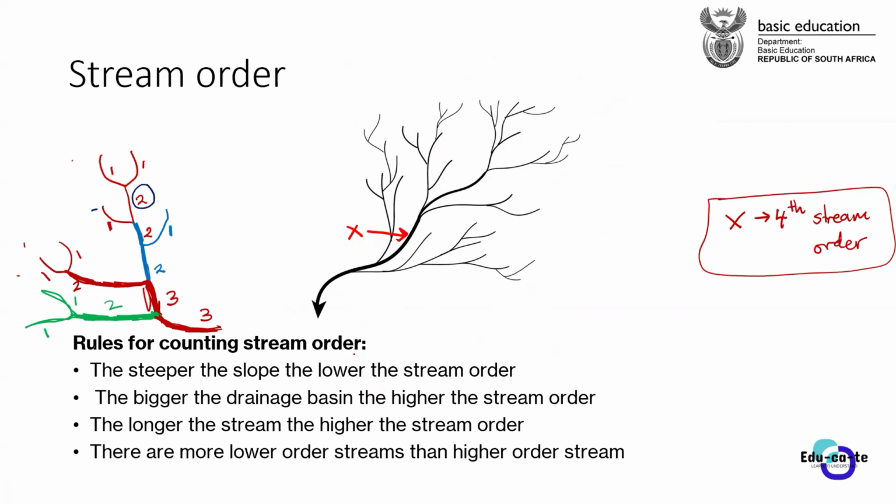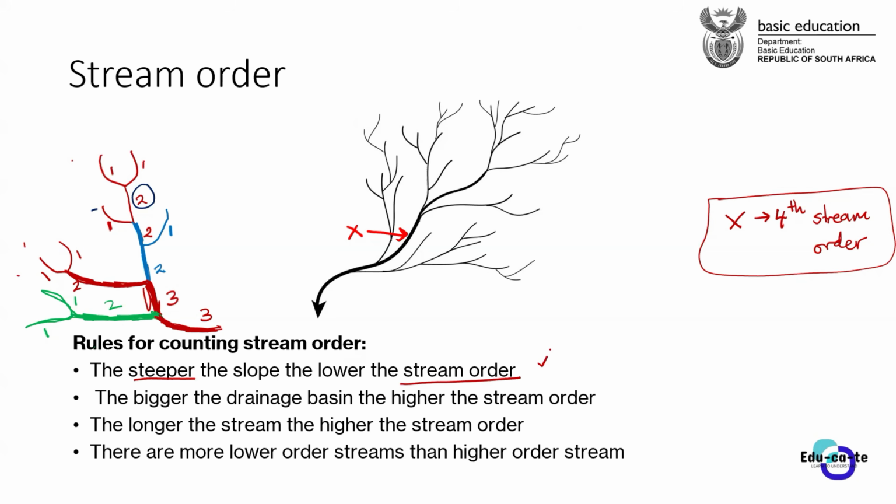Awesome. All right. So one of the rules for counting stream order does not really apply to how this is questioned, but you should know how stream order is related to these factors that I'm going to talk about right now. When we have a steeper slope, we're going to have a lower stream order.